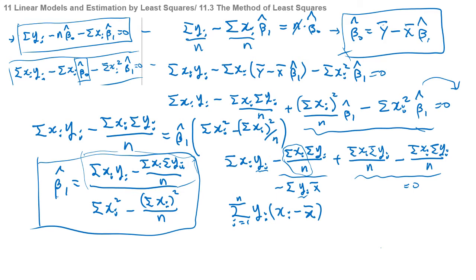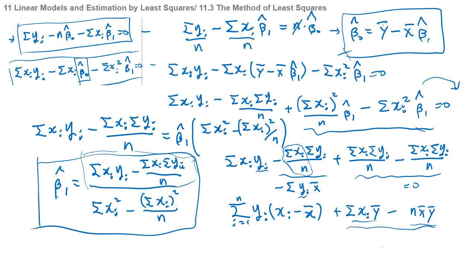This part is plus sum of xi y bar, and for this part we can write it as n times x bar y bar. Actually this and this are the same, but anyway we can write it this way.